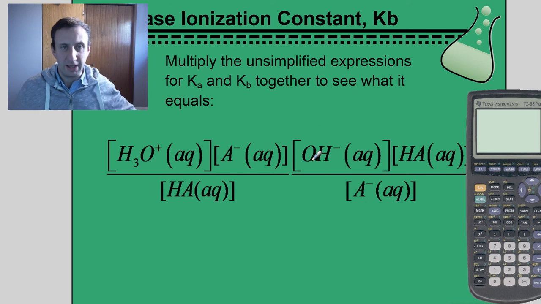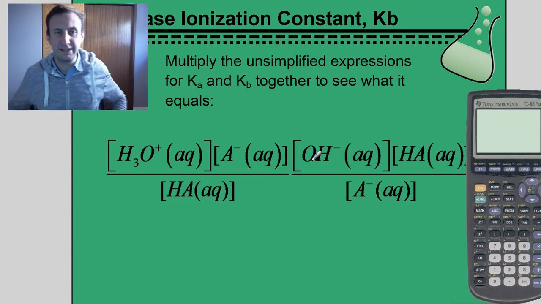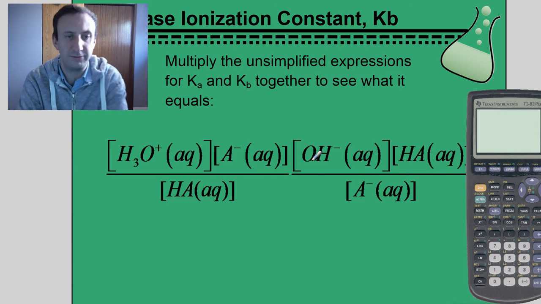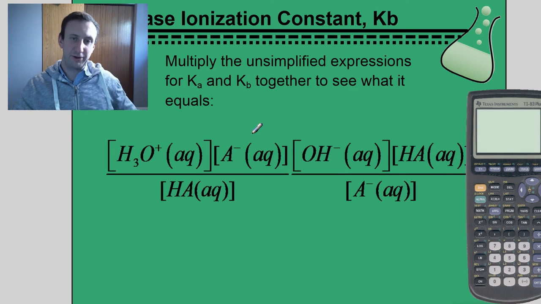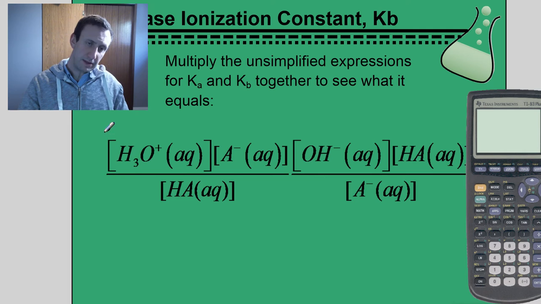So given that, I now can actually use Ka and Kb together to figure out some stuff. So this is kind of neat. If I take a look at my Ka unsimplified and my Kb unsimplified formulas, and then I multiply them together, take a look at what happens. So just to slow down, this right here is what Ka would work out to be.